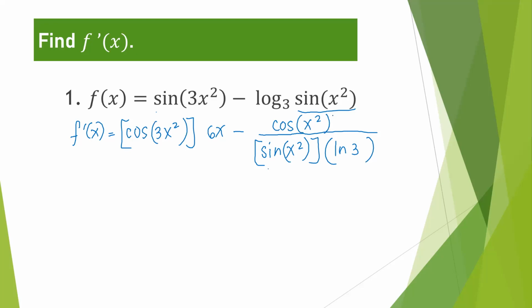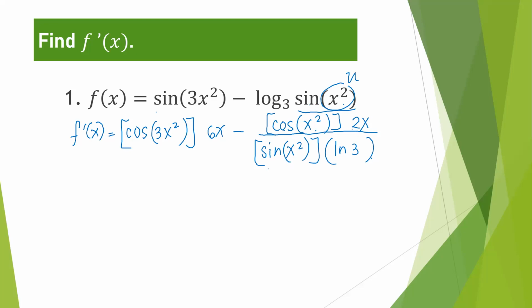Tapos, meron pang derivative si x squared, di ba? 2x. Yun. Pumasok tayo ng pumasok sa loob, di ba? That sine u, ito naman yung naging u mo kapag nag-focus ka. So, derivative ng sine u is cosine u times your u prime. Okay, so that's it. Hope you got that one correctly.